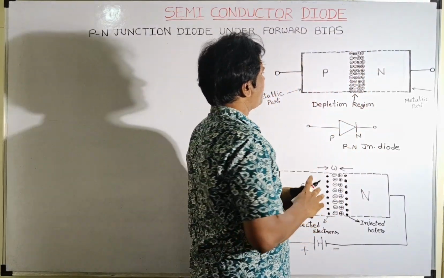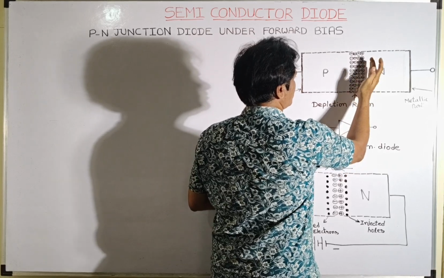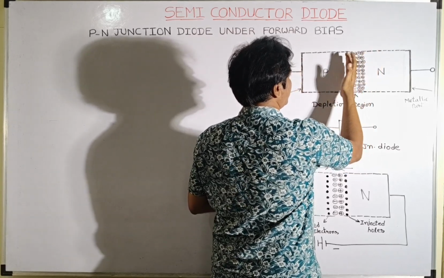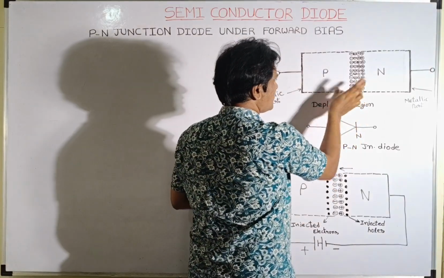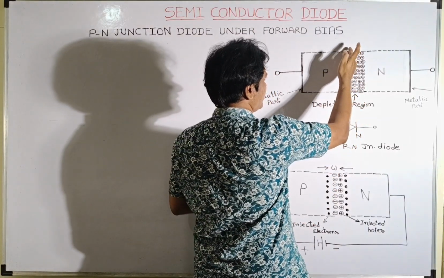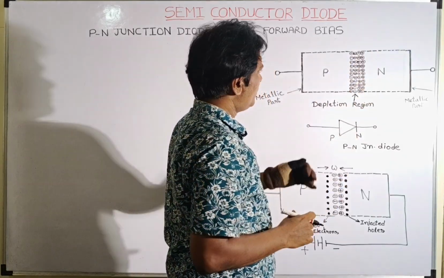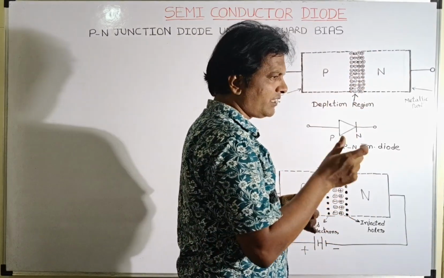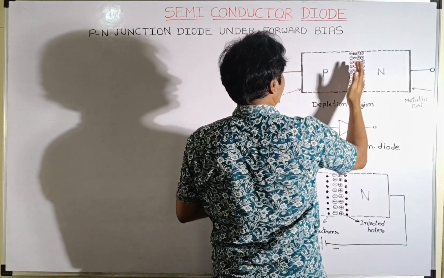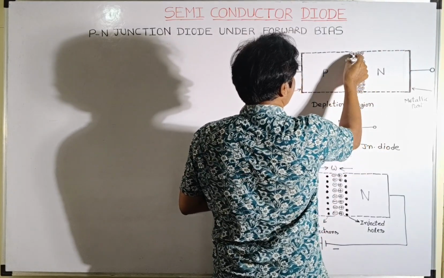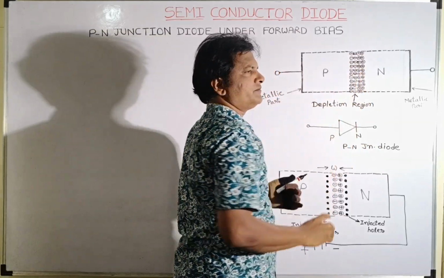Why? Because the attraction between the positive charge, that means the hole side, and the electron side is more because of the narrow space. So the accumulation of negative charge is more here and the positive charge is more here. Overall, the electrons will be flowing to this side and holes to that side. The charge accumulation just beside the junction is more.